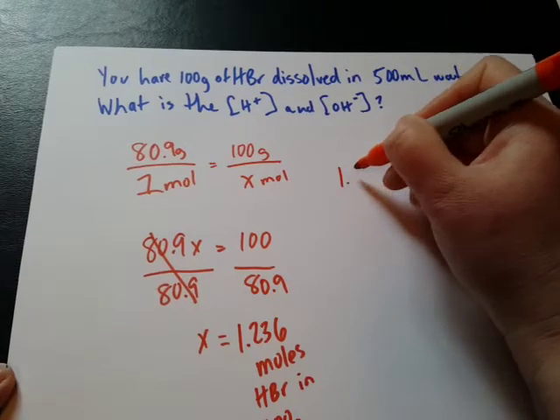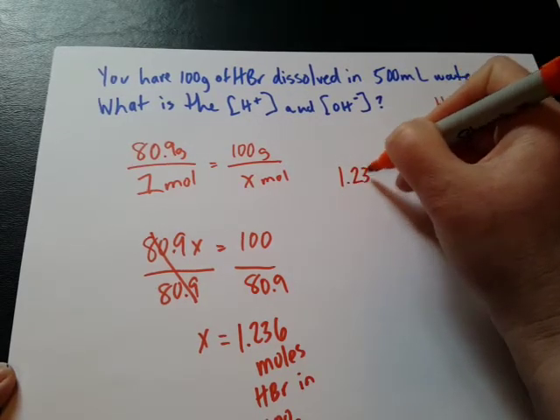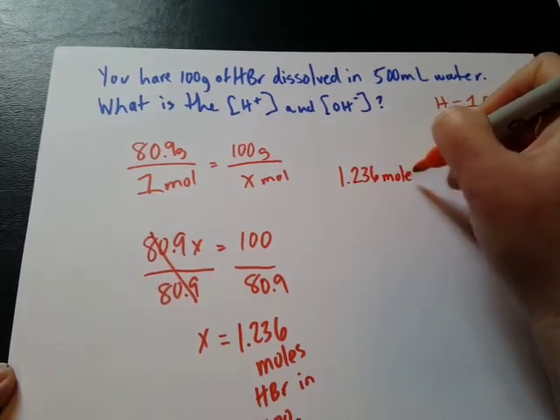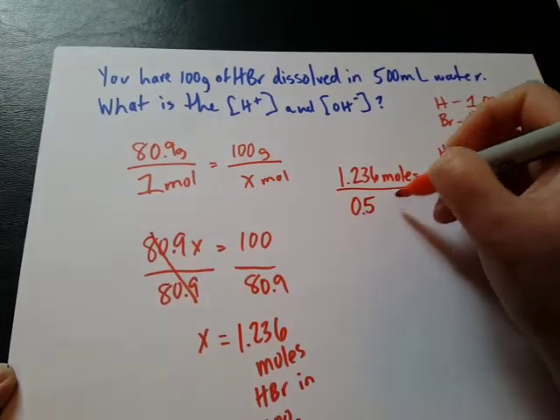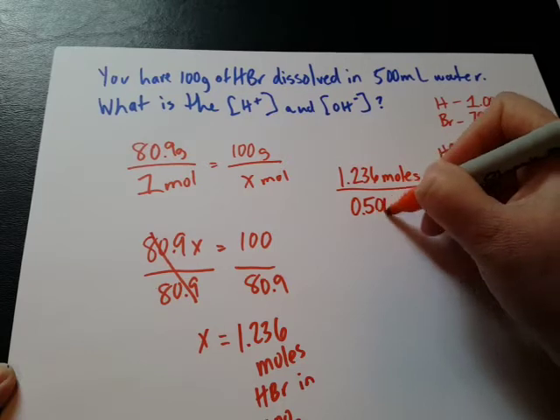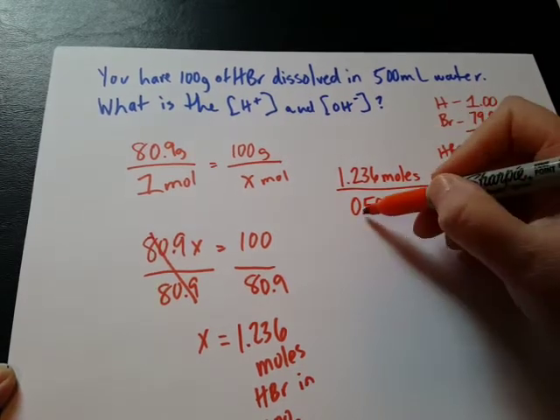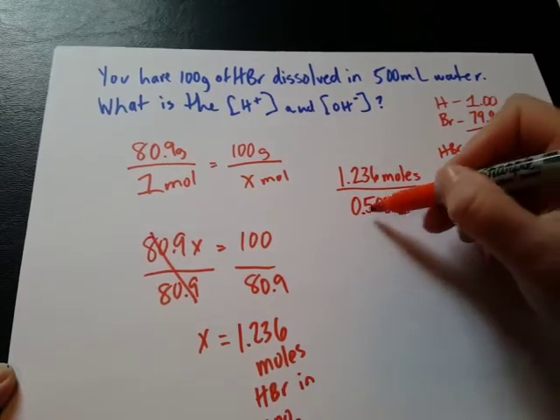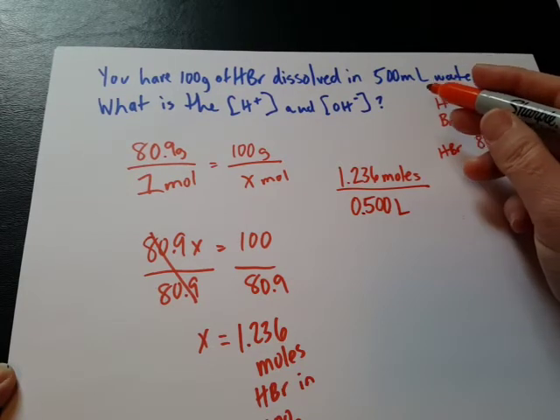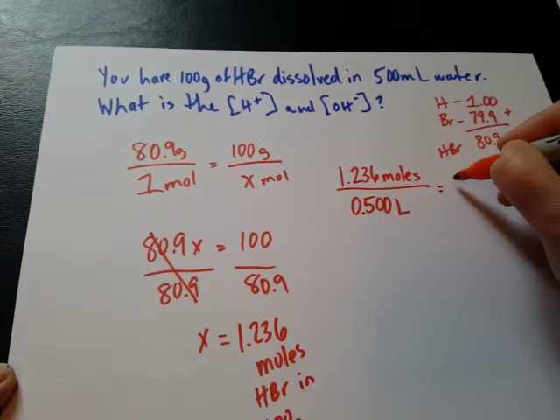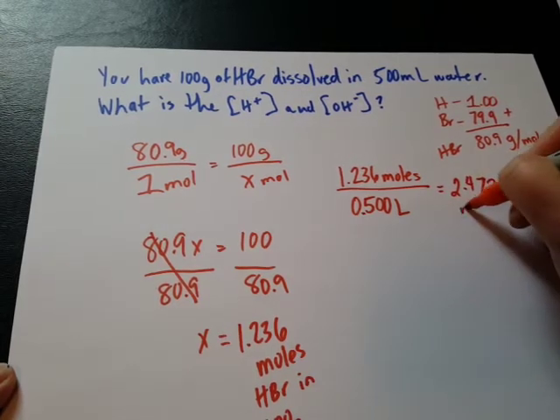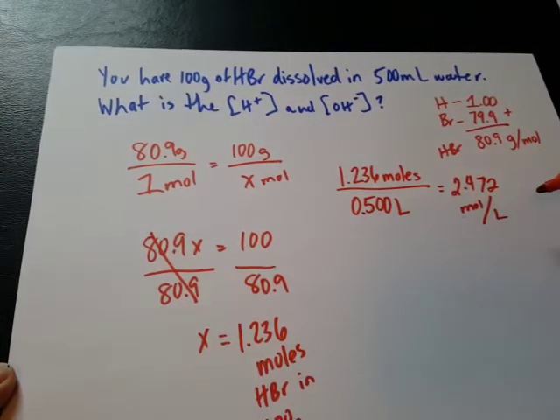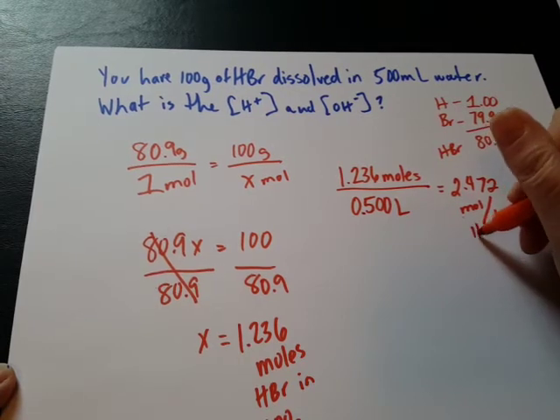We'll take that number of moles and divide by 0.500 liters. It's not how many moles in 1 liter, we only have half a liter. So this is equal to 2.472 moles per liter HBr.